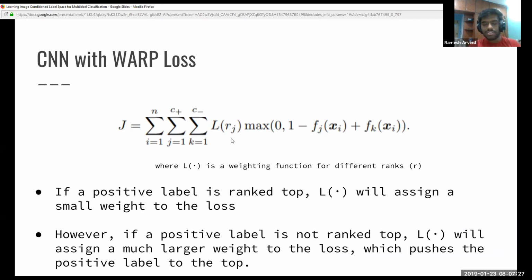A simple way to think about it is if you have a very over-present label, let's say you have 1,000 images, out of which 800 images have ship. Ship will have a very low ranking factor. Whereas if there are certain rare samples like helicopter, which have just say 50 examples, for those the ranking factor will be higher. This way, when you're performing the training step, your rare classes, even though they occur very rarely, when their images actually come up, the gradients will be higher for them. That's the gist of the WARP loss.